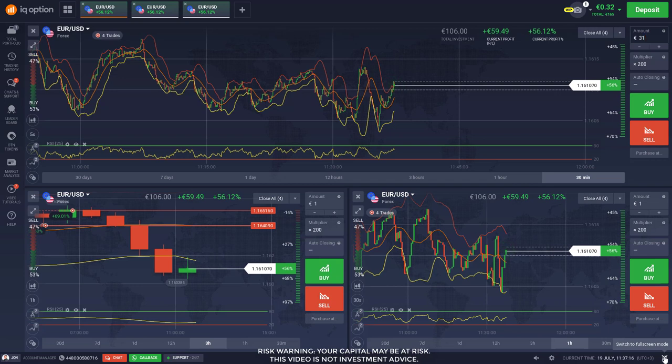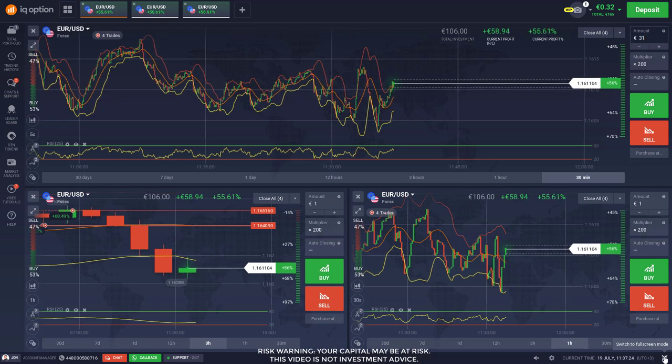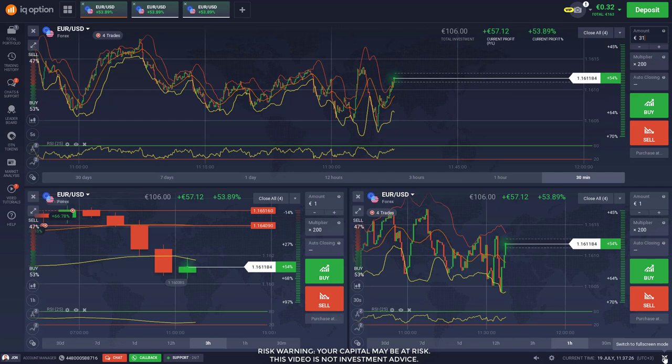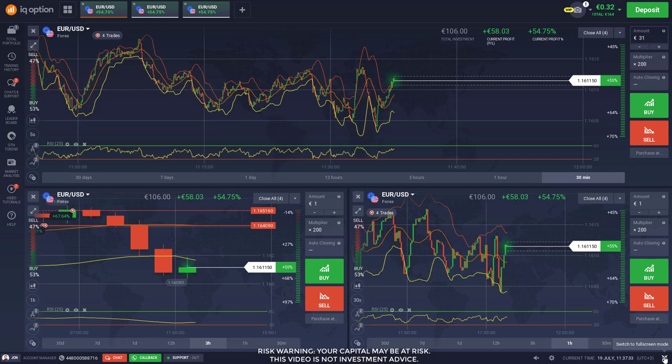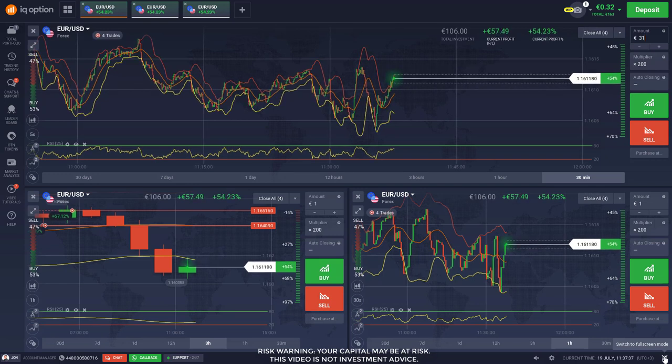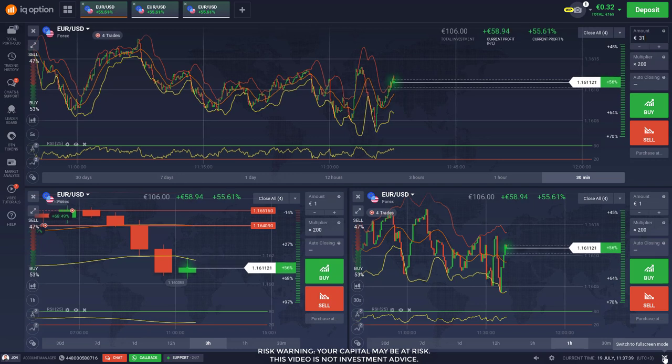Now you can see it's reaching the top RSI on the 5 seconds. And now I have somewhere between 50 and 55%, it depends on how high it's going to go up.